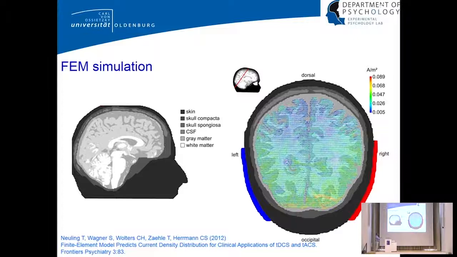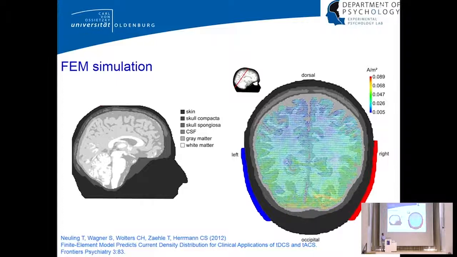And then you can place your electrodes. Here we have 2 rather big electrodes of 35 square centimeters. And then you can look where in the brain we switched off the skin here, because of course, yes, there is much more current density inside the skin. But if you choose a different range and then switch that off and only look inside the brain, you see, yes, also inside the brain you have current density that is due to this electrical stimulation, and it has some spatial specificity.